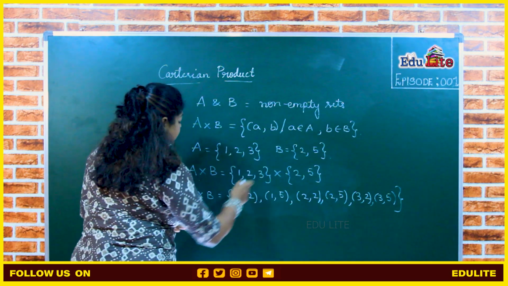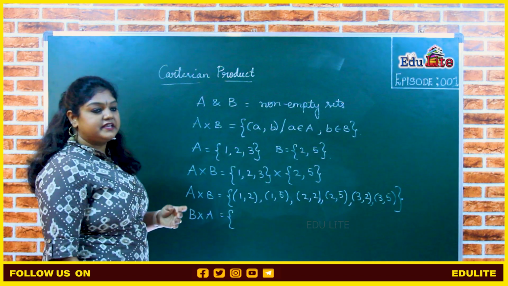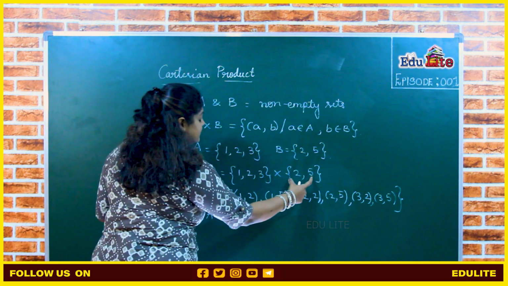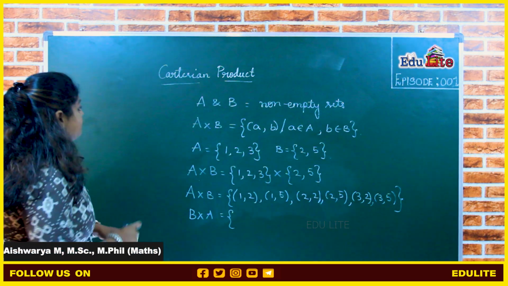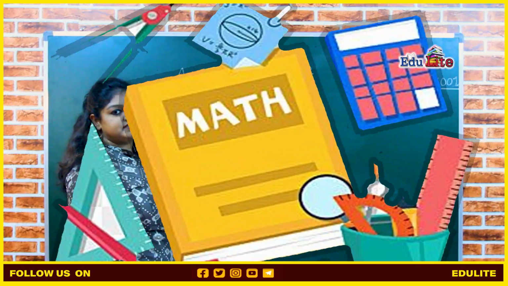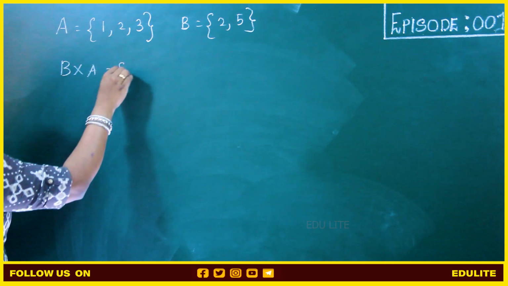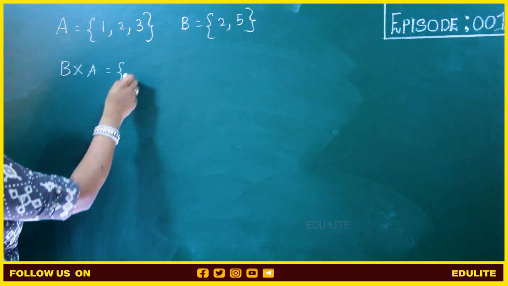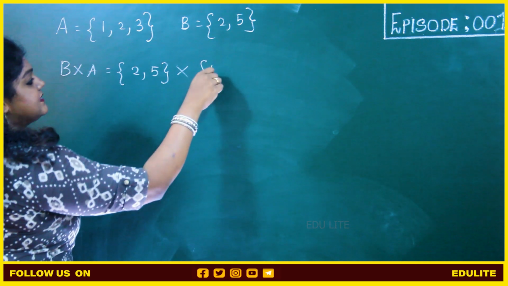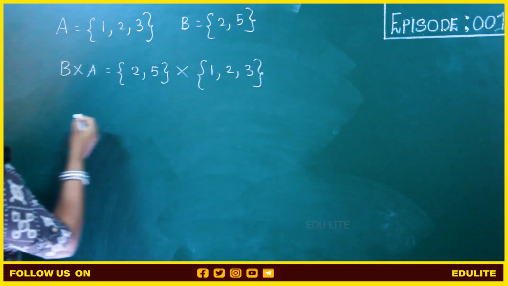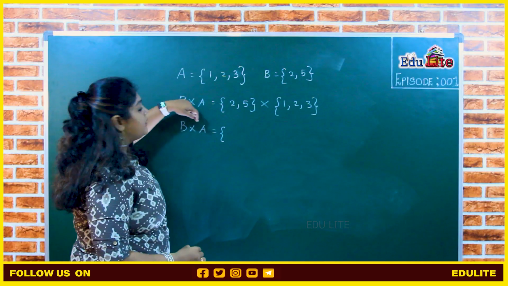For these two sets, we can write B cross A also. If it is B cross A, what will we do? First, we have to write the set B cross set A. So for the same sets, we will do B cross A. B cross A means we have to first write the set B, {2, 5}, cross. Next, we have to write the set A. The same format has to be followed for B cross A. So how to write B cross A?